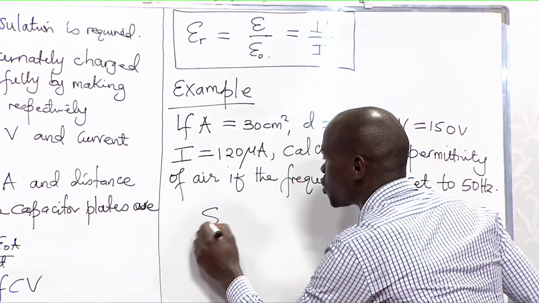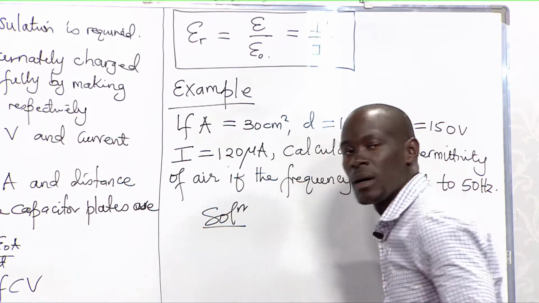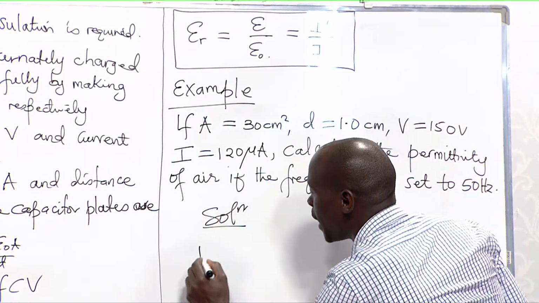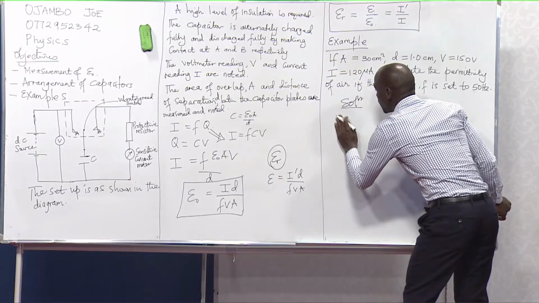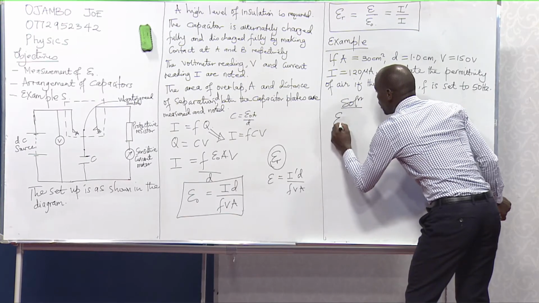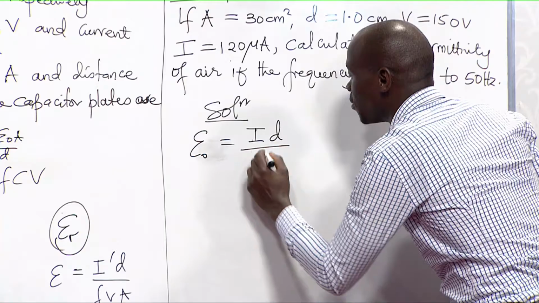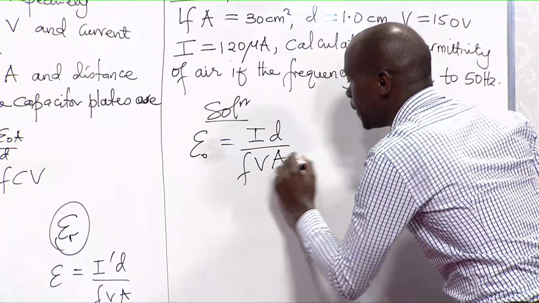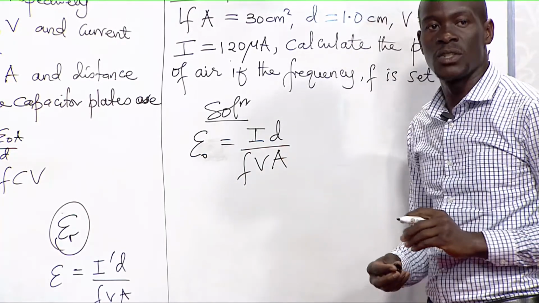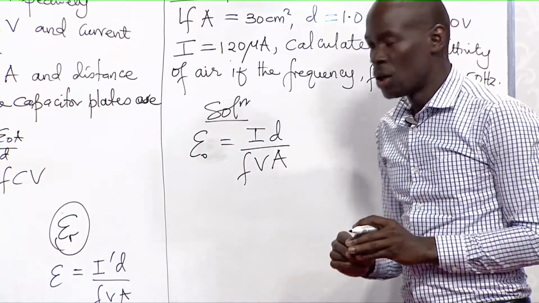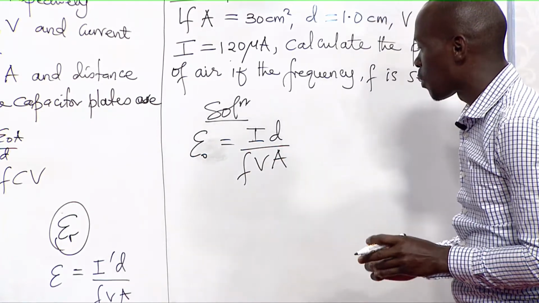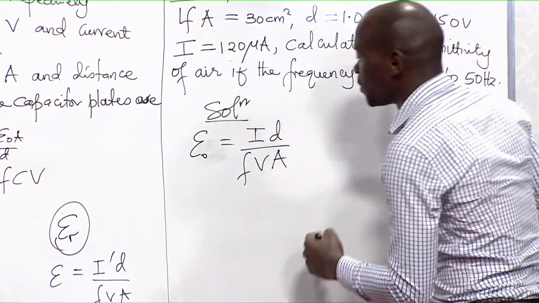Suppose we are in a position to remember the formula very well. What do we know? We know that epsilon naught is equal to I d over f V A. We have already discovered this, isn't it so? Experimentally, more so.